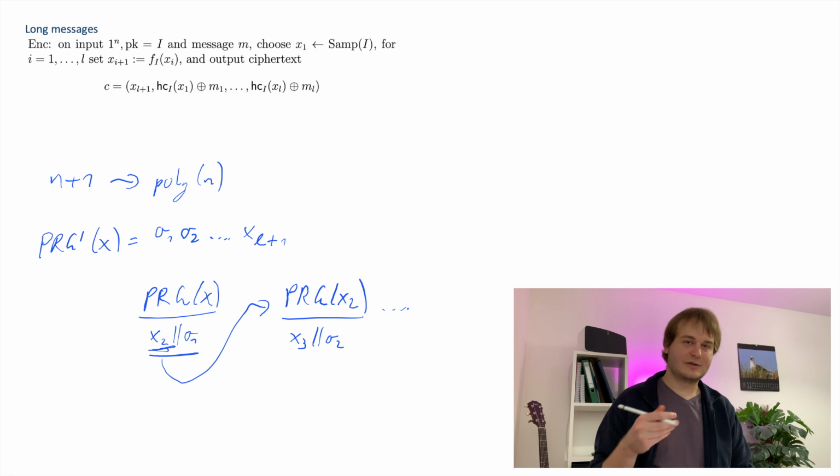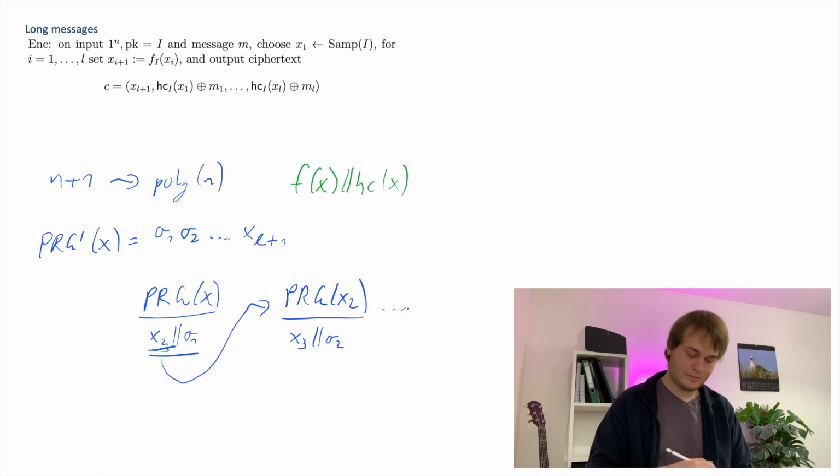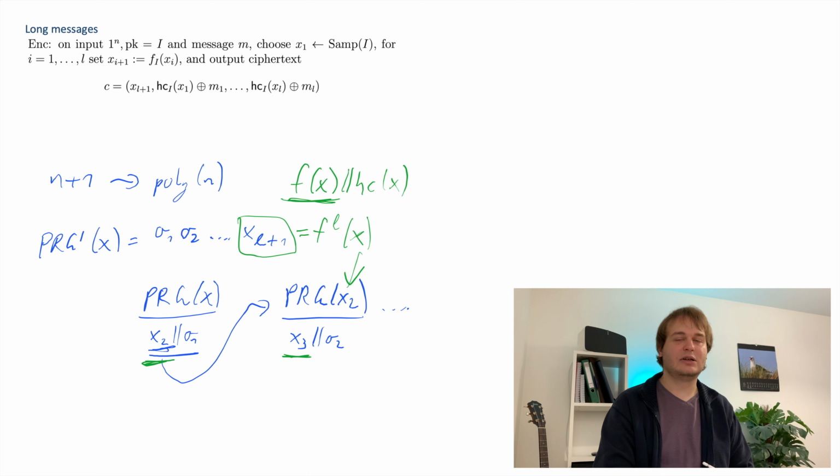And now if we take this concrete PRG that we've just talked about, then these x's here are just repeatedly run through the f, meaning that this x_{l+1} is just f applied l times to x. And the sigma_i, by definition, are these hardcore bits that the PRG uses.